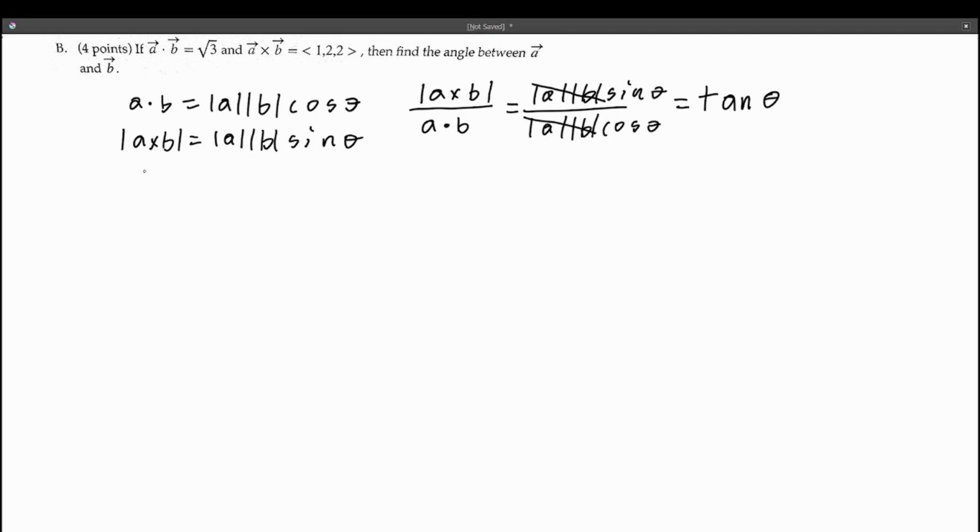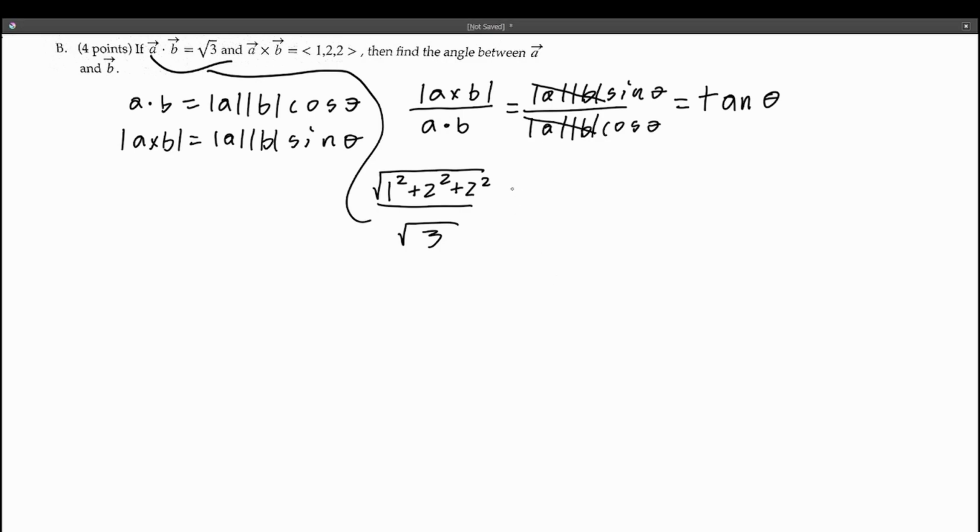Now, we don't have the magnitudes of a and b, but we do have the cross product of a and b. So all we have to do here is plug in the dot product, which is root 3. Then we find the magnitude of the cross product, which is the square root of x squared, which is 1 squared, plus y squared, which is 2 squared, plus z squared, which is also 2 squared.